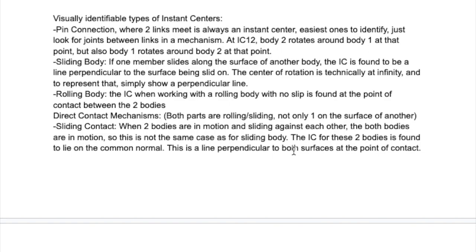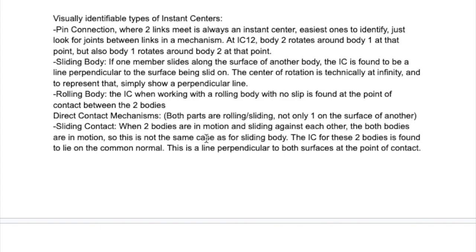So the instance center between member 1, which is the ground, and member 2, which is the first arm in the sliding contact, and also the instance center for the ground and member 3, give you a line. Then you draw the normal line, remember, the line perpendicular at the point of contact.